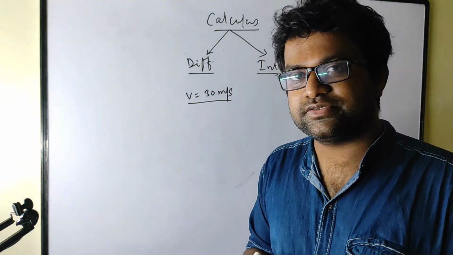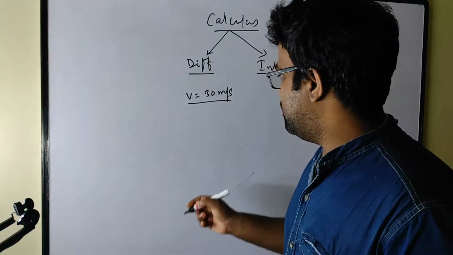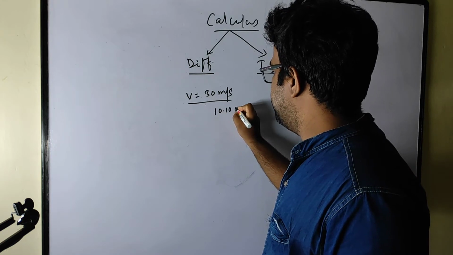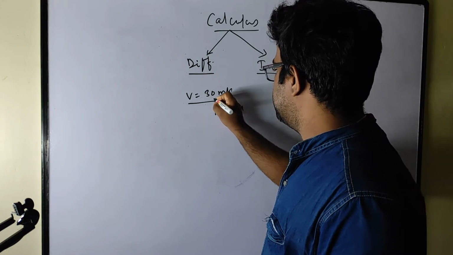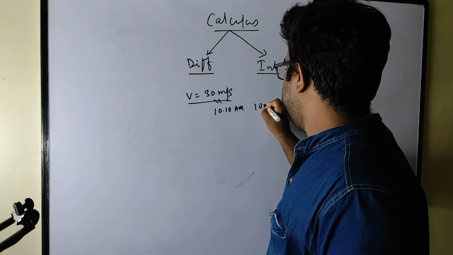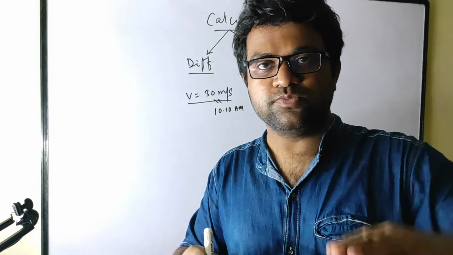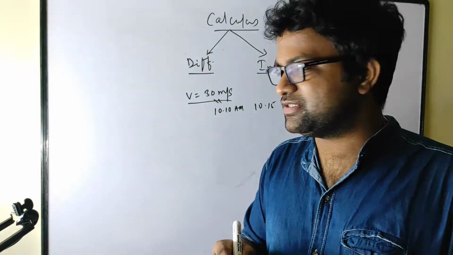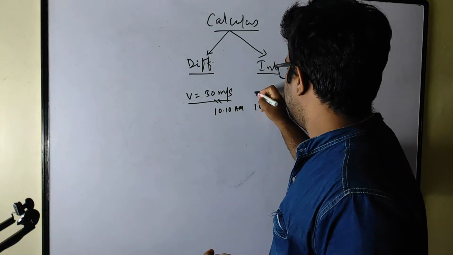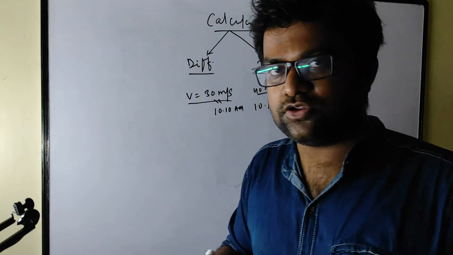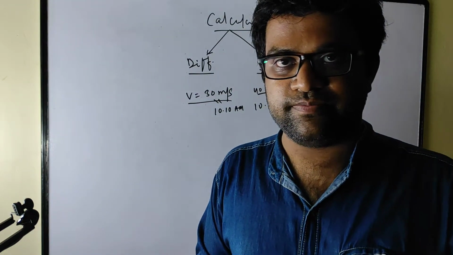Your speed at different instants is different. Suppose at 10 a.m. your speed is 30, at 10:15 the road is very smooth, so your speed increased and you are moving with, let's say, 40 meter per second.